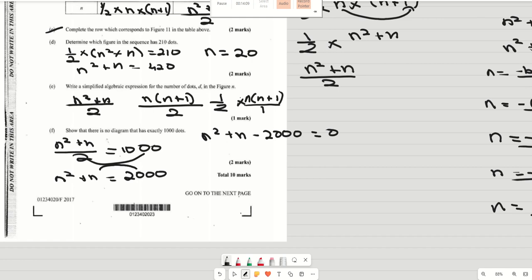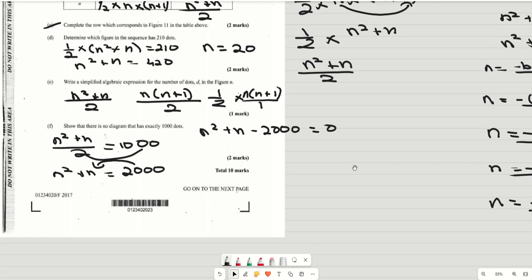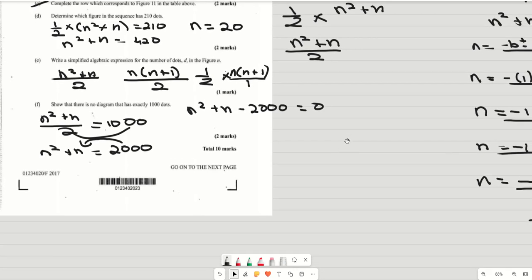You carry this across, you'll get minus 2,000. And then you use your formula to find what n is equal to, where a is equal to 1, b is equal to 1, c is equal to negative 2,000.